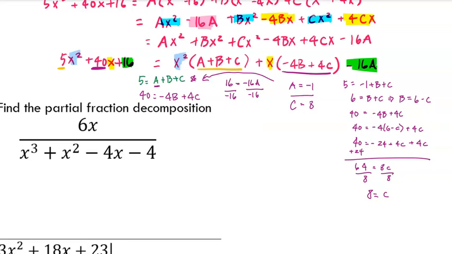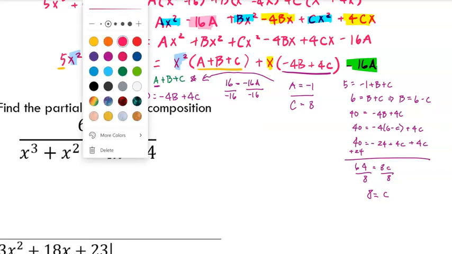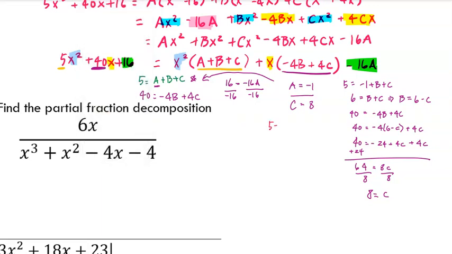Yikes. Don't like that. 5 equals -1 plus b plus 8. 5 equals 7 plus b. B equals -2. Yay!